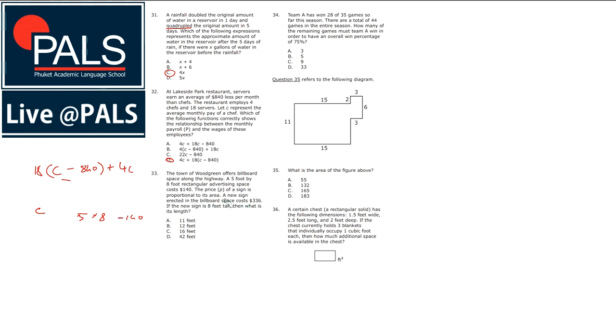A new sign erected in the billboard space costs $336. If the new sign is 8 feet tall, then what is its length? Okay, so that's a bit tricky. Let's see what we can do here.